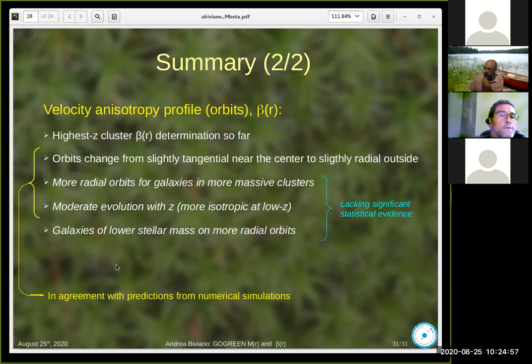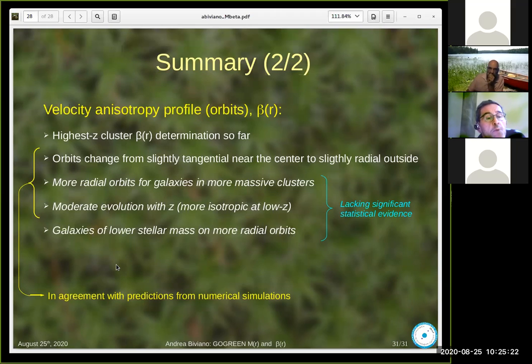And the second and last slide here is about the velocity anisotropy profile, the orbits. Again, it's the highest redshift cluster orbits determination so far. We find that the orbits change from slightly tangential near the center to slightly radial outside. And although the other 3 conclusions are lacking significant statistical evidence, I provide them here.